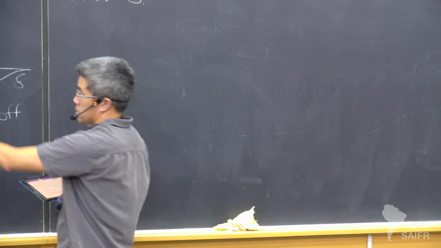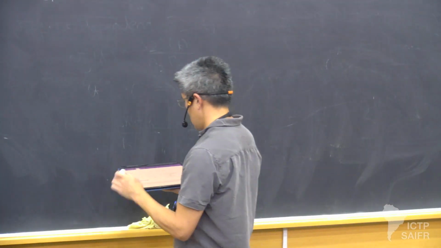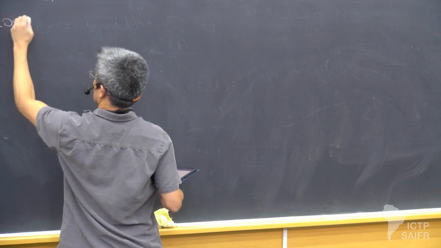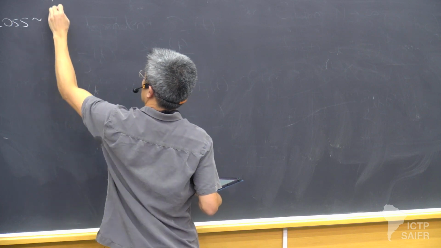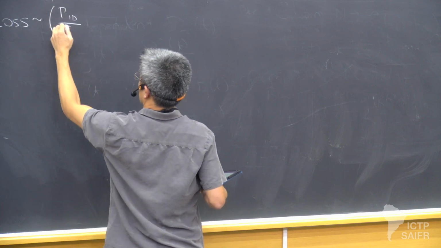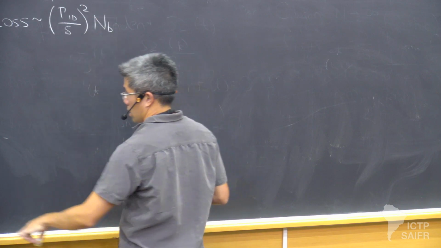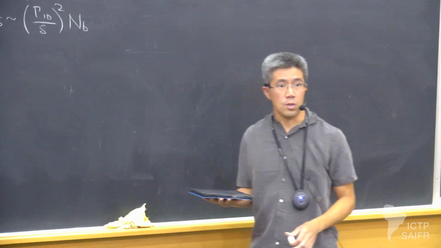Once you know the detuning, you can calculate the absorption. So the loss is approximately given by gamma 1D over delta squared times the number of atoms. You know the relationship between the number of atoms and the detuning.